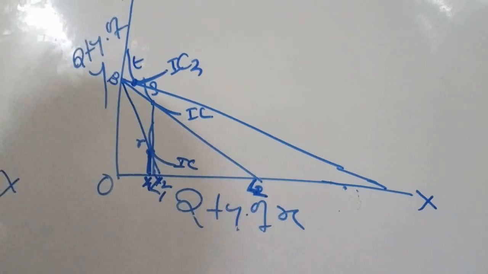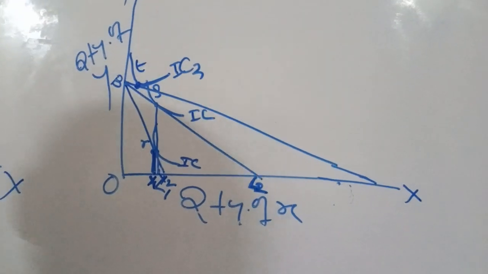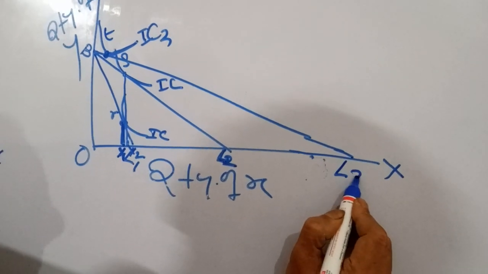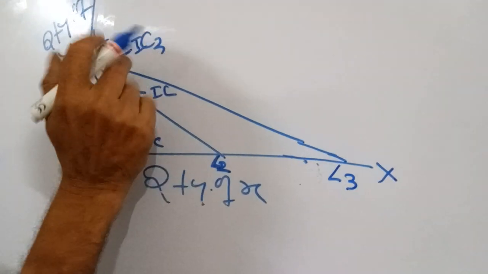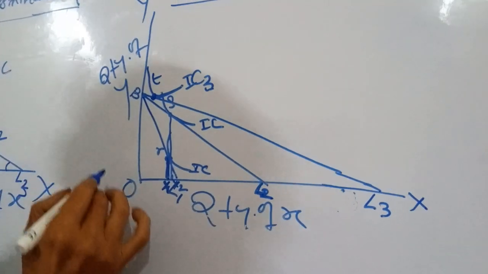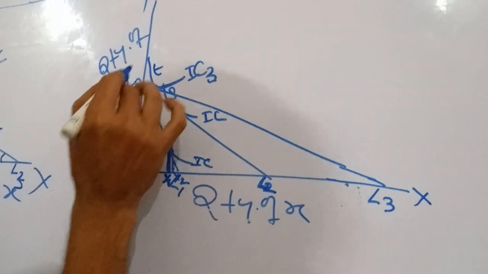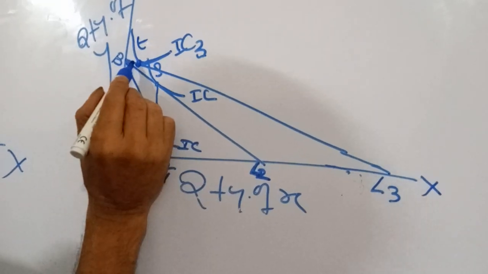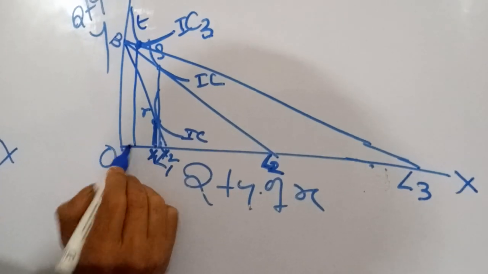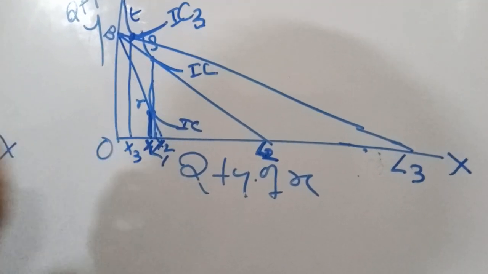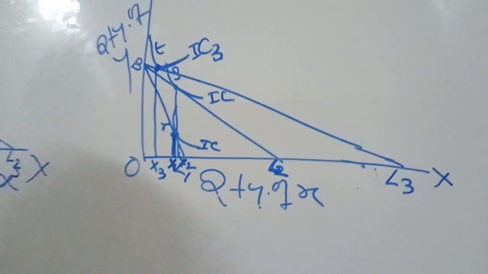And as a result of a further fall in the price of X, the consumer moves to budget line PL3 and indifference curve IC3, and he is in equilibrium at the point of tangency T between IC3 and PL3. Here you see the consumer is decreasing his consumption. OX3 is less than OX2. Correct?